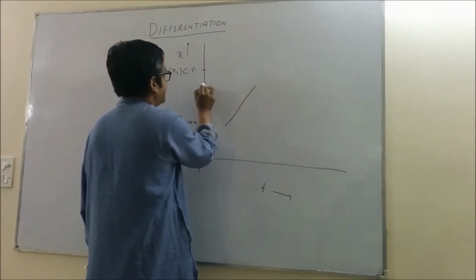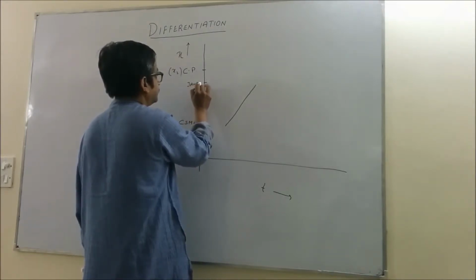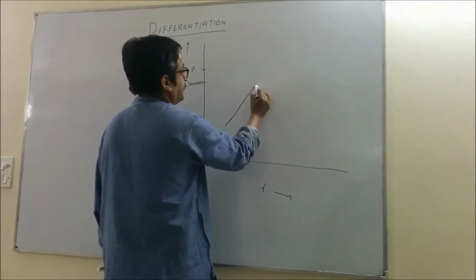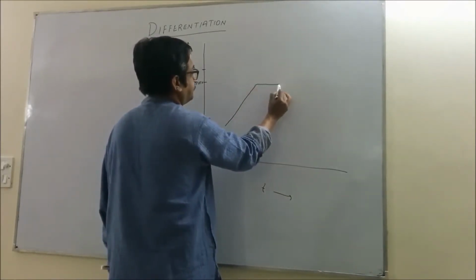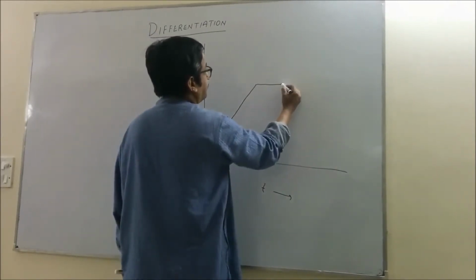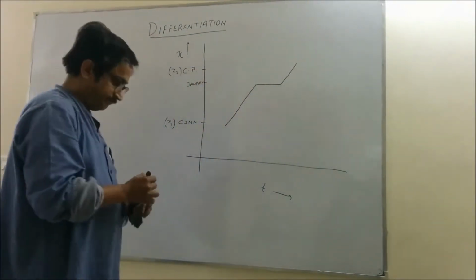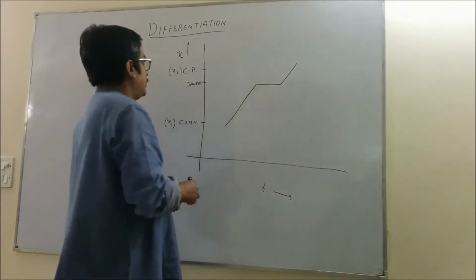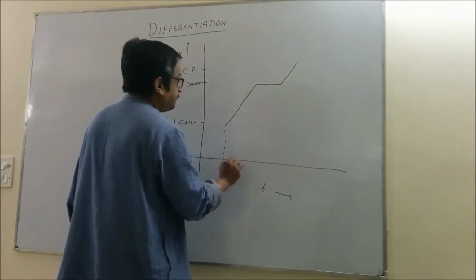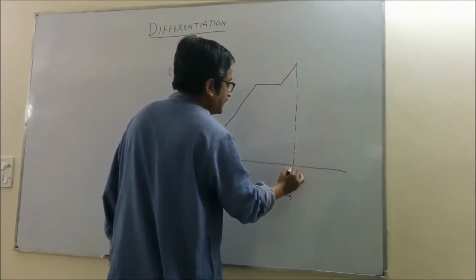Suddenly near Janpath, you meet a friend. So you chat with him. Then finally, you reach Connaught Place. You start at say time t1 and you reach Connaught Place at time t2.